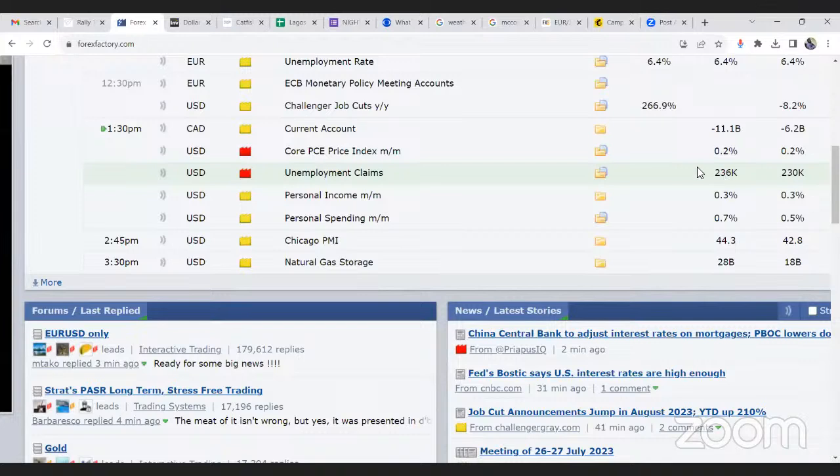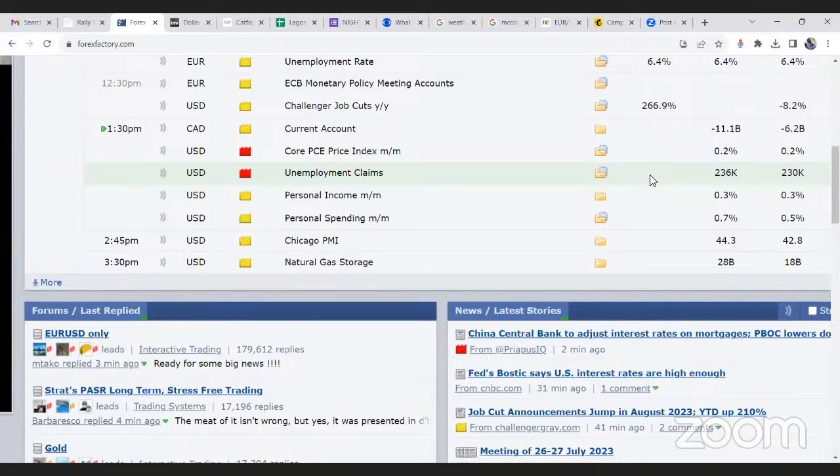What we mean by that is that if the actual is better. In terms of unemployment, it will not really be good if the data that comes out here is higher than this. It means that more persons are unemployed. So if the data that comes out here is higher than this, even Forex Factory will paint it in red to show that this is poor for the dollar.